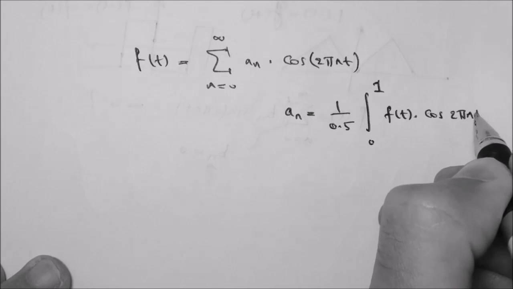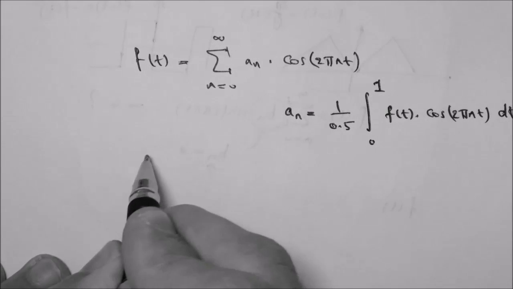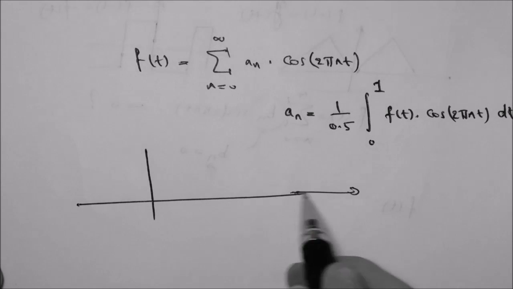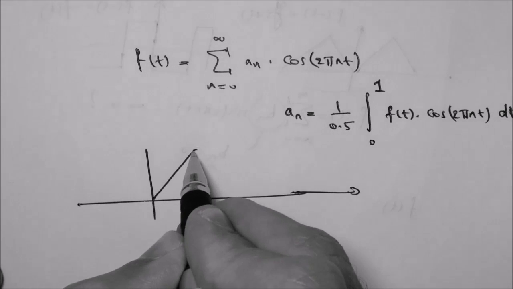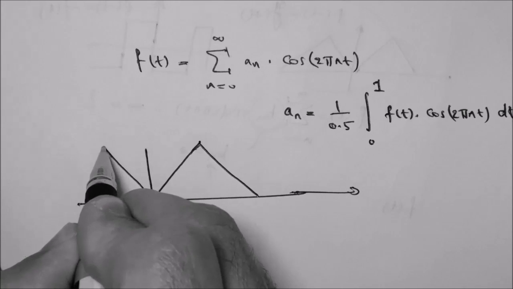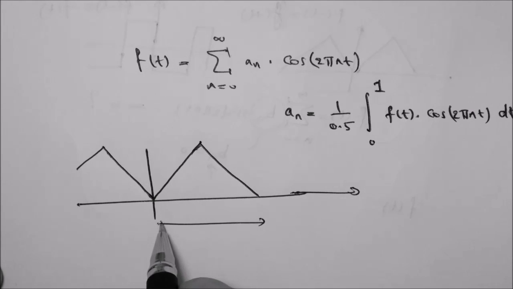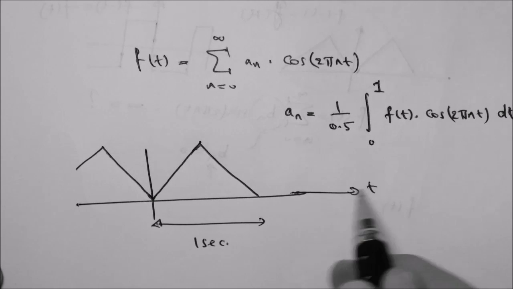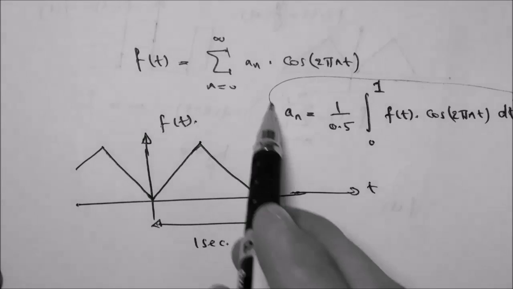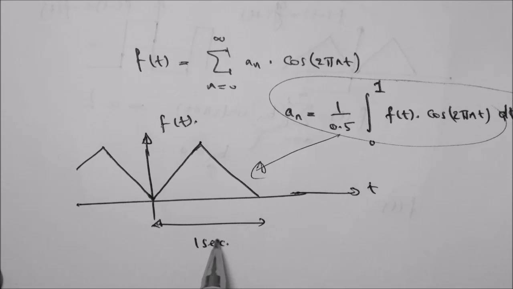So we need here to specify the duration of the signal, because this formula is not evaluated for any triangular wave, only for this one that has a duration of 1 second. So this formula is written for this wave, which has a duration of 1 second.